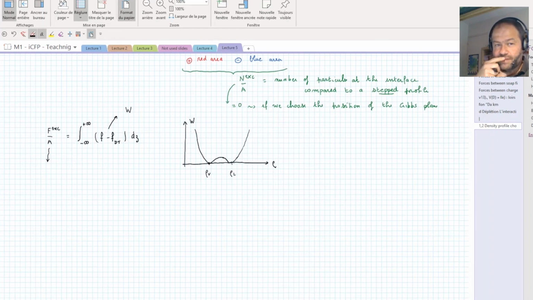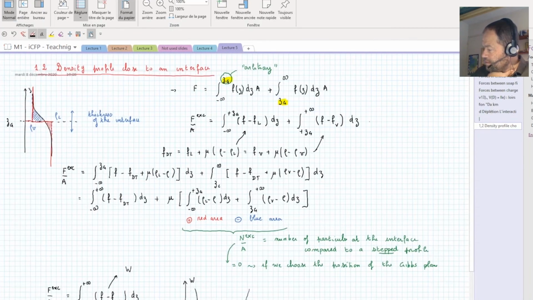So what is that? I mean, it's easier to see that here. This is the surface tension.